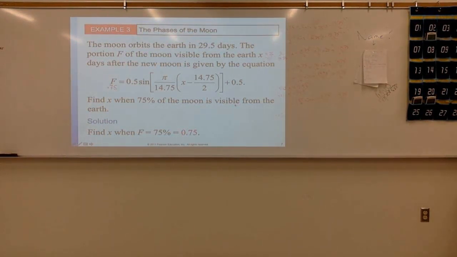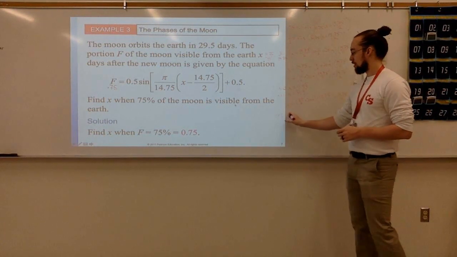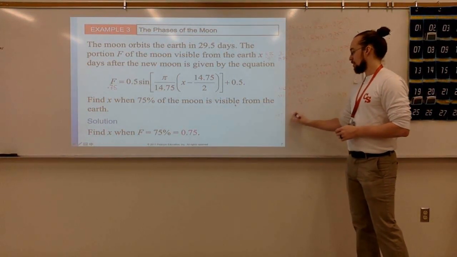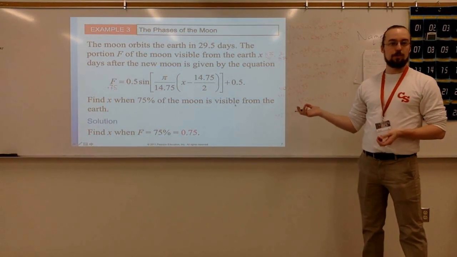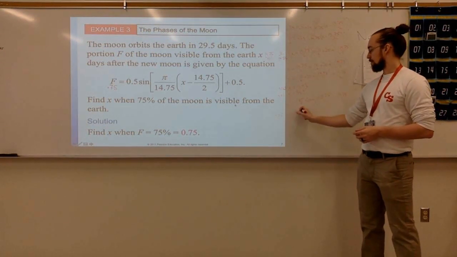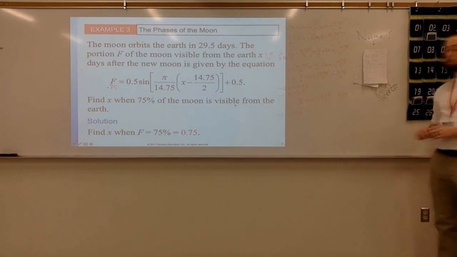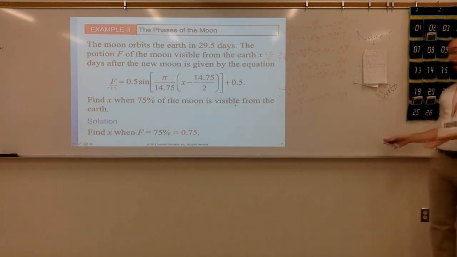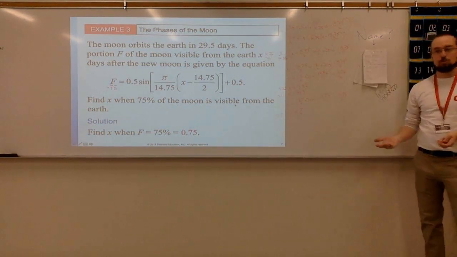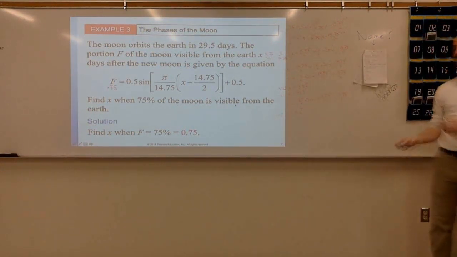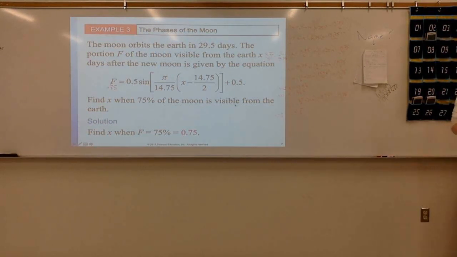I got 19.6. I think that's what we should get. Is 19.6 repeating? Yeah. Right, so at about 10 days after and about 20 days after the new moon, 75% of the moon is visible.